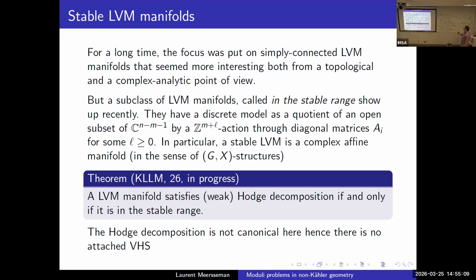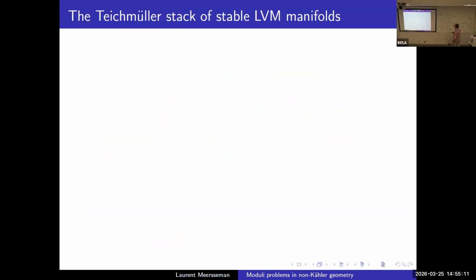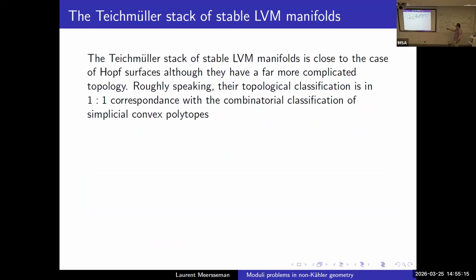Okay. So now let us try to apply what I said about the Kähler stack to the case of stable LVM. In fact, it's a quite nice situation, which is very, very close to Hopf surfaces.